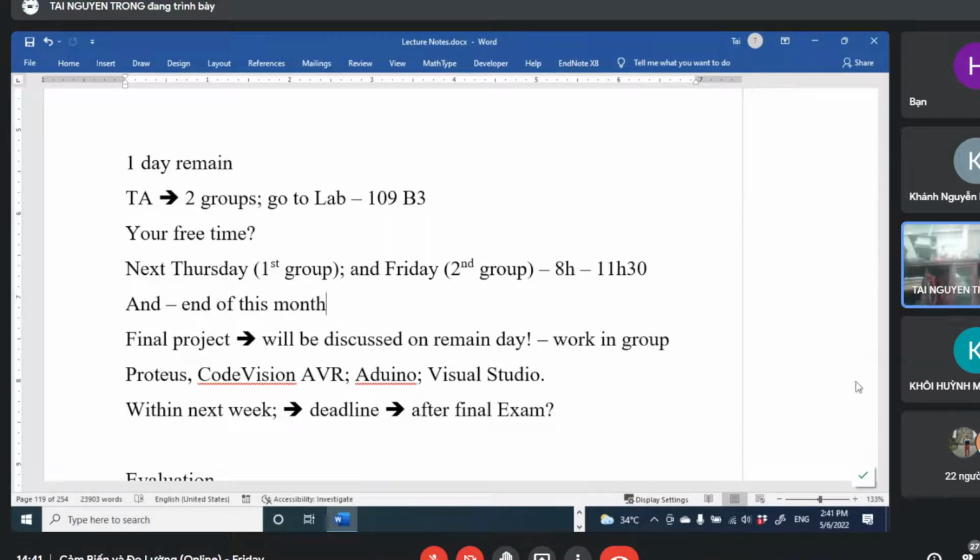It means that after this one we have one week off, and at the end of this month we will have one more TI day, and then we will review for the midterm test or final exam.